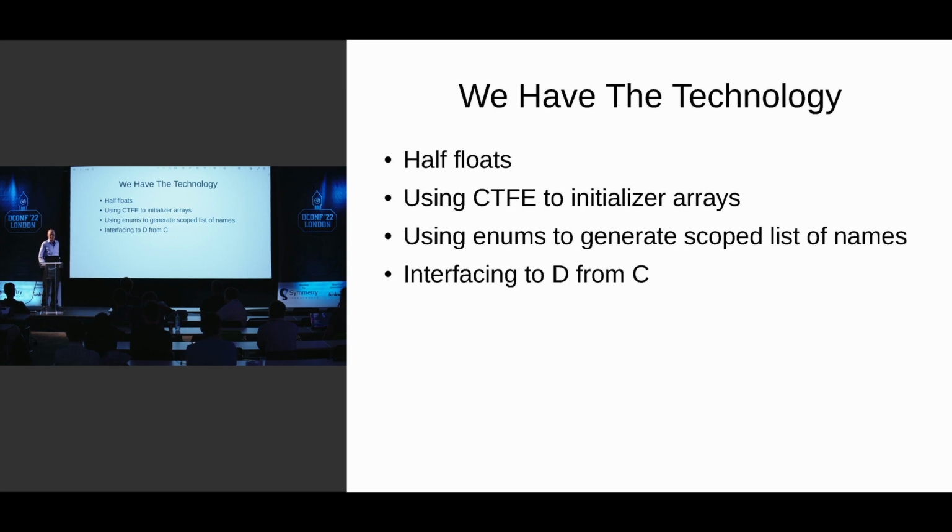Here's a recent one, using enums to generate a scope list of names. And what can you do with a scope list of names? We'll get into that. And then a rather surprising discovery that I almost couldn't believe existed is a way to interface D from C. Normally you talk about interfacing C from D, but what about the other way?